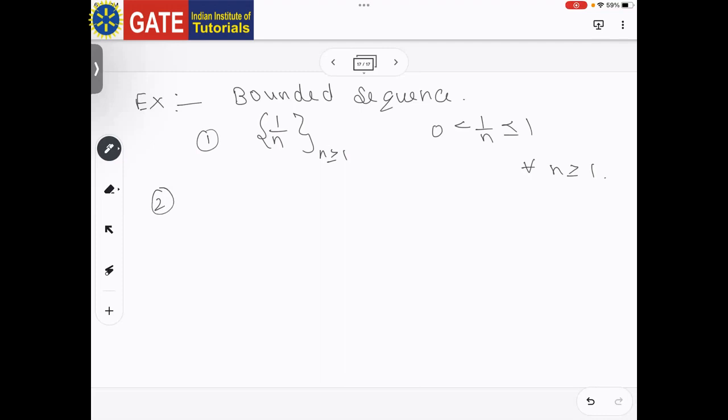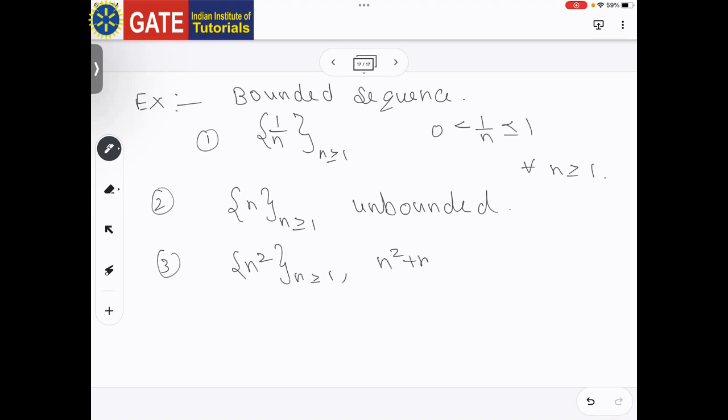The second one is the natural numbers, which is unbounded. The third one is n square plus n. These are also unbounded.